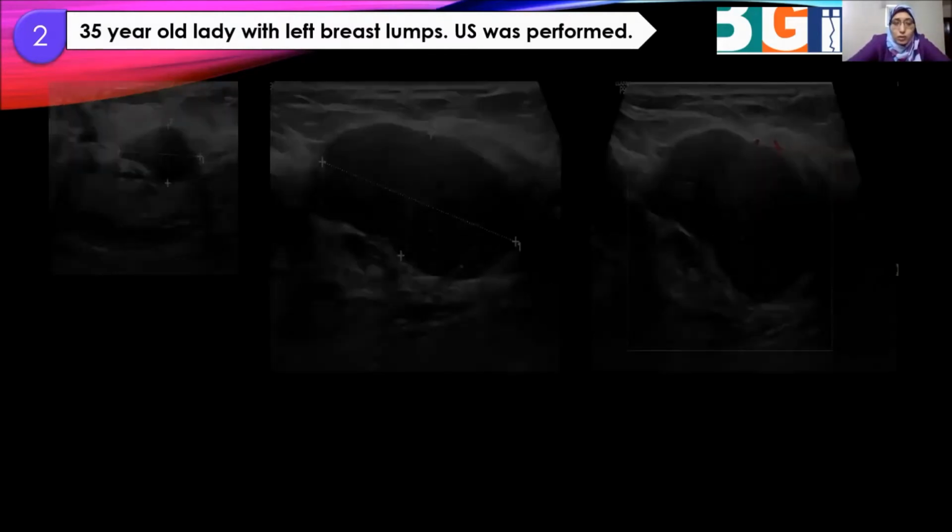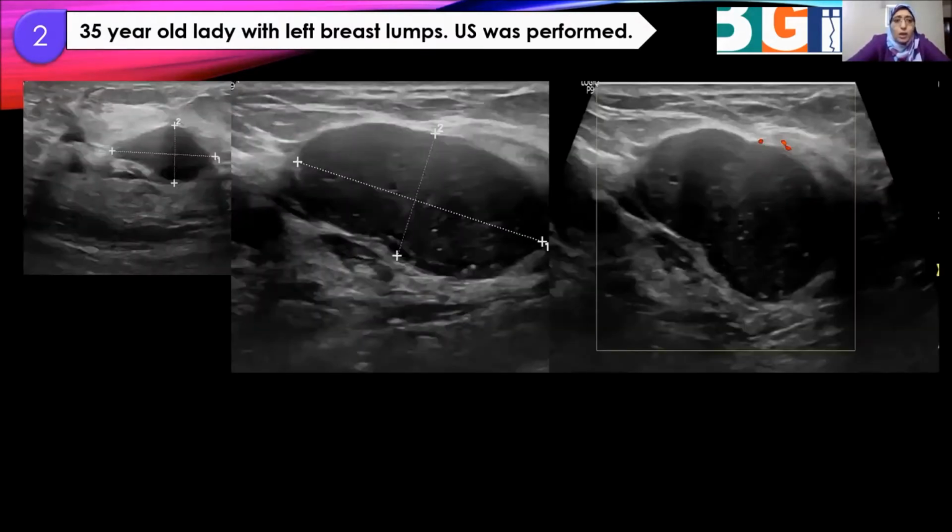There was another lady, 35 years old, who had an ultrasound only because she was a young patient. We found a well-defined lobulated lesion and another lesion of clinical concern, the lesion she came complaining of, which showed hypoechoic echogenicity.